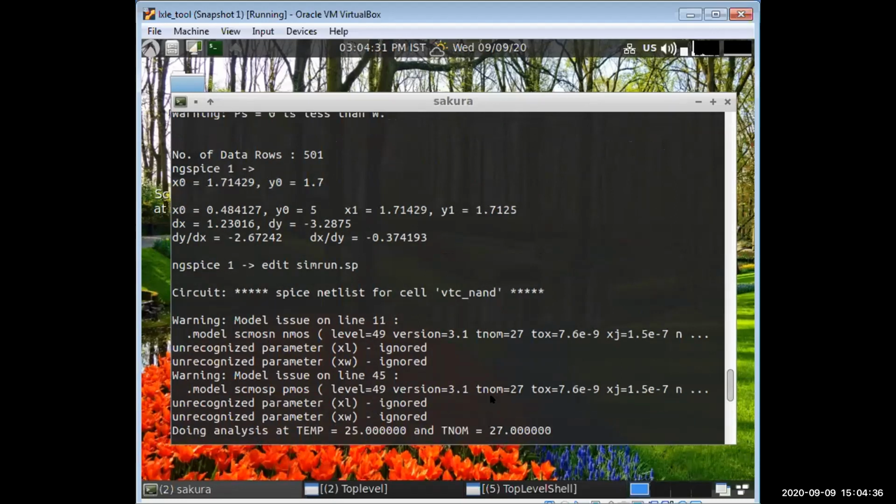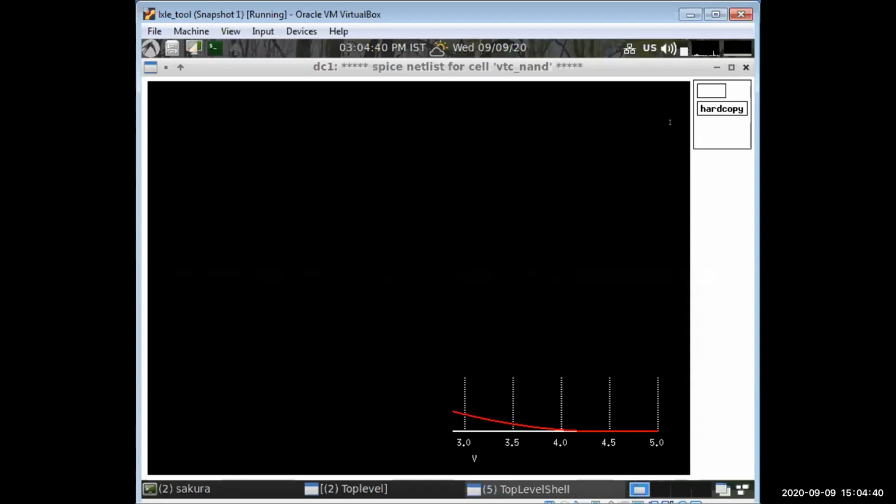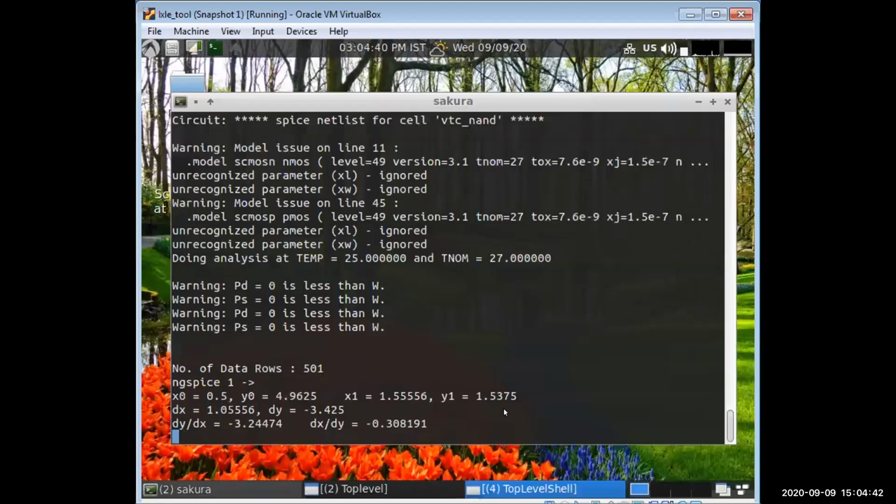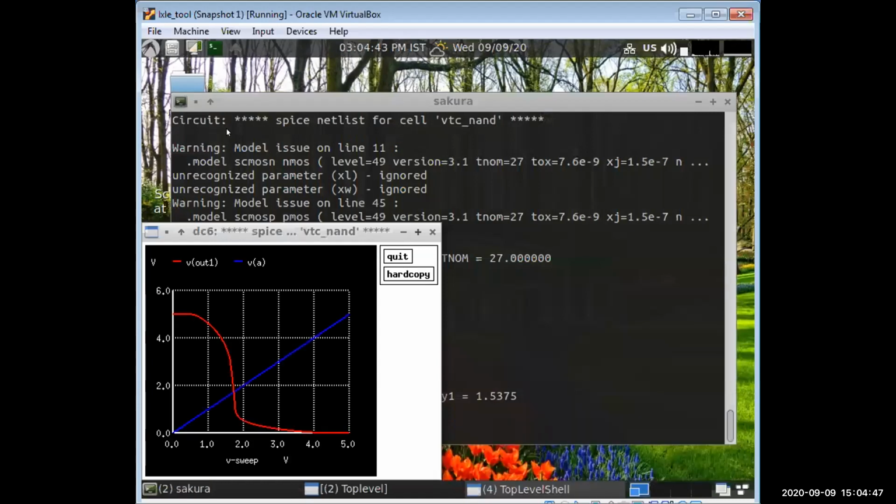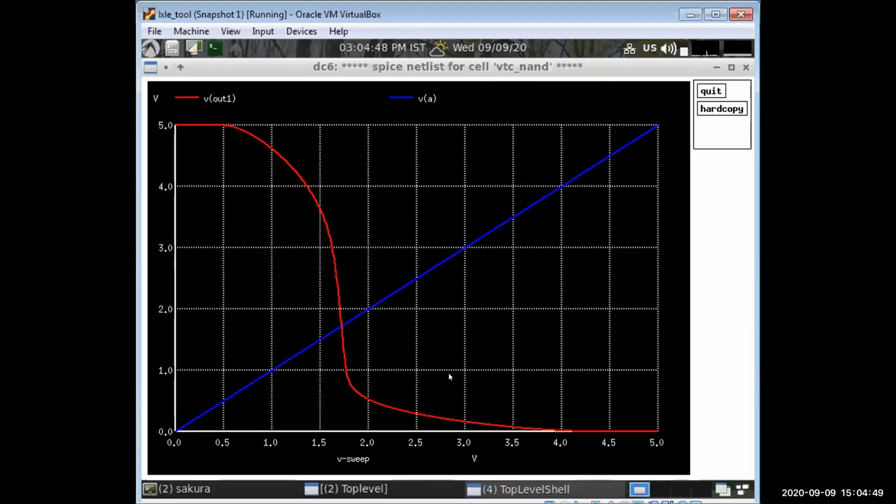Let's see the graph now. Sir, I think this is a bug in ngSpice.